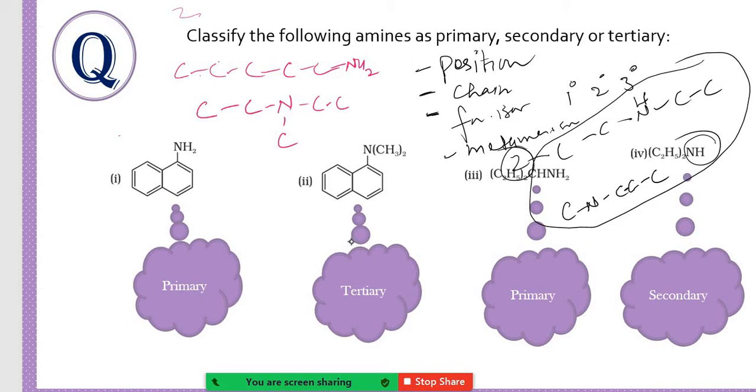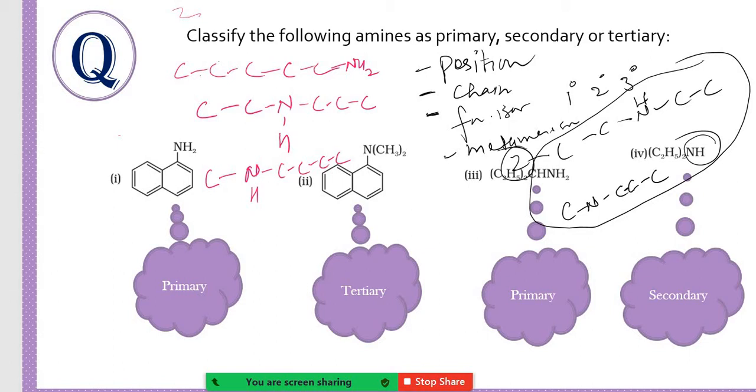If I have a secondary amine here, maybe in one isomer I have 3 carbons on this side and 2 carbons on the other side, or I can move this carbon here and make it 4 carbons here and 1 carbon here. So when we change the number of CH2 groups on both sides of the functional group, we call it metamerism.